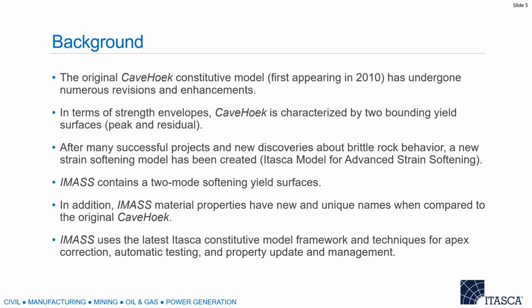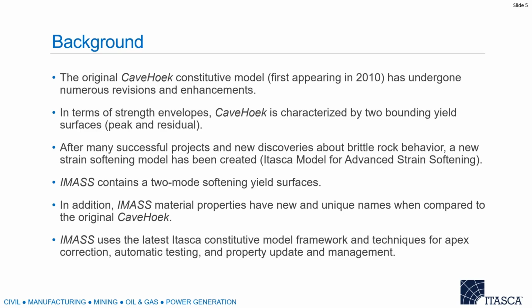This makes it very easy for the user to keep track of these parameters, because it's a complex and very comprehensive constitutive model. So we don't want to lose the user when using these parameters during the simulation.